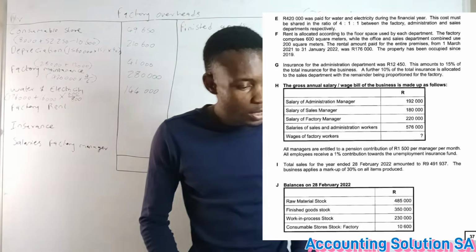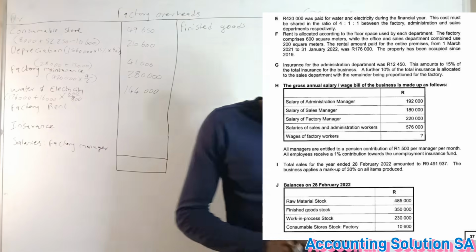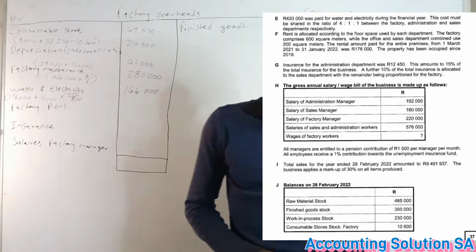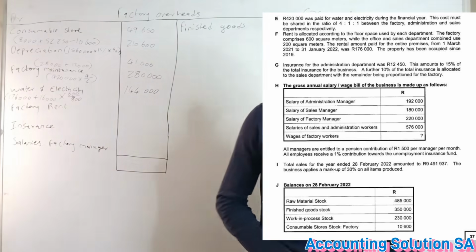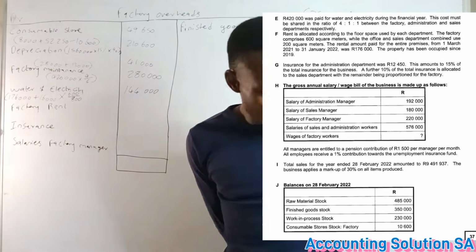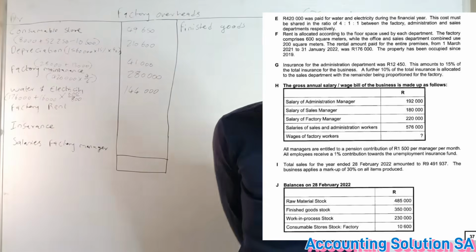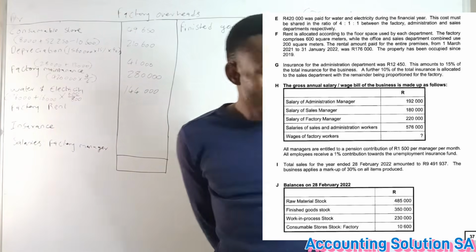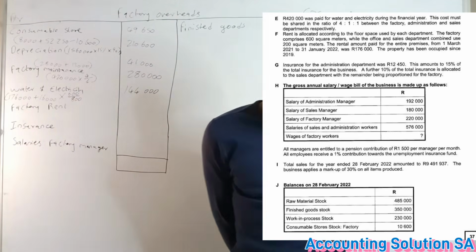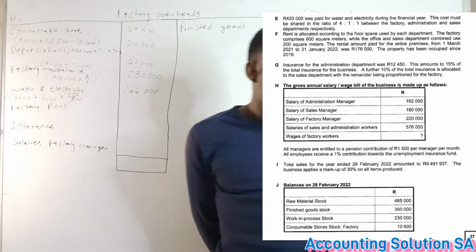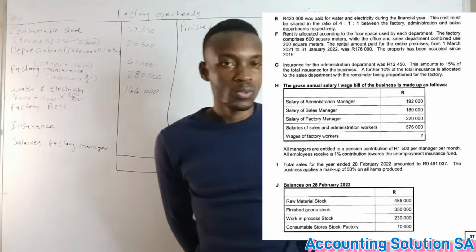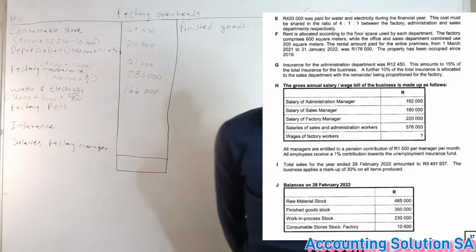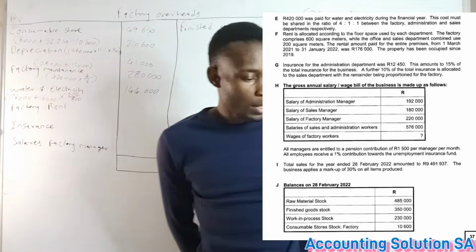Insurance of administration department was 12,450. This amounts to 15% of the total insurance for the business. A further 10% of total insurance is allocated to the sales department, with the remainder being apportioned to the factory. All right. So how are we going to deal with this transaction? Let's first understand the statement.